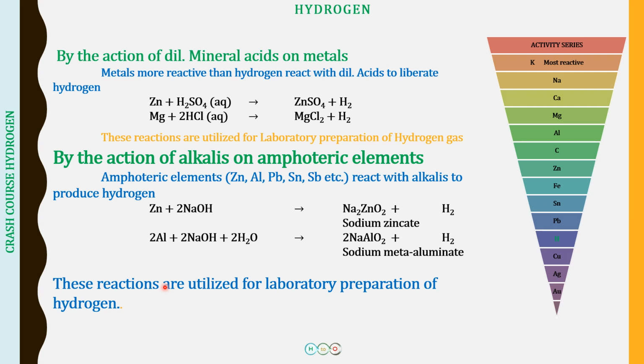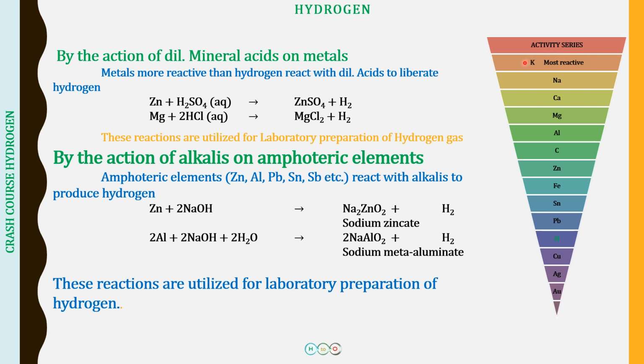Now, before we wind up this discussion, I will just tell you with the activity series how we can evolve hydrogen by the action of metals on water. I just now told you that all the metals which are above hydrogen in the activity series can evolve hydrogen from water.